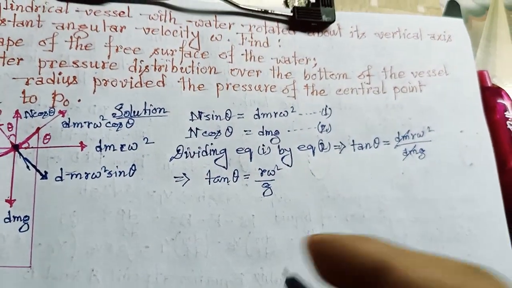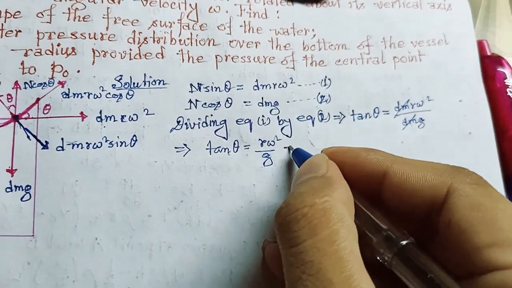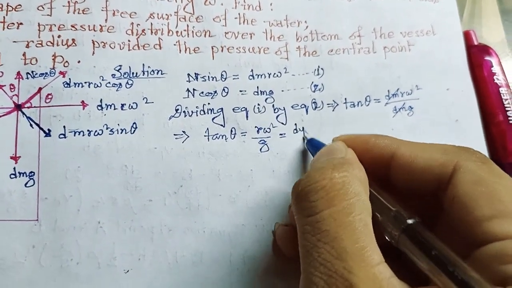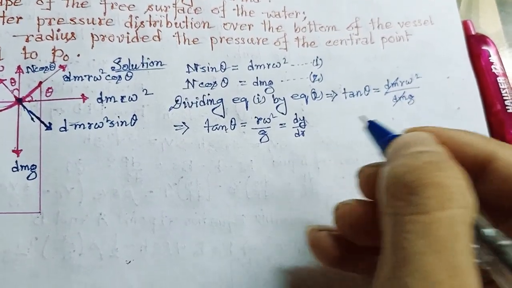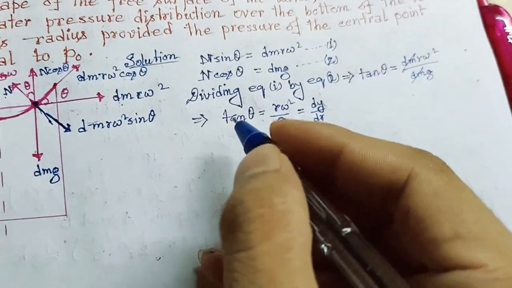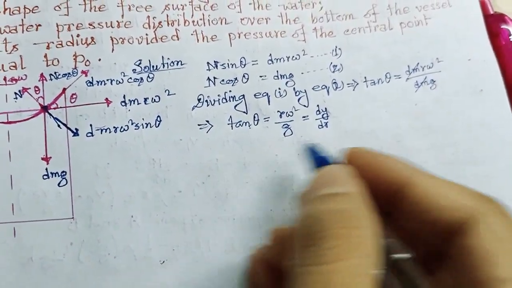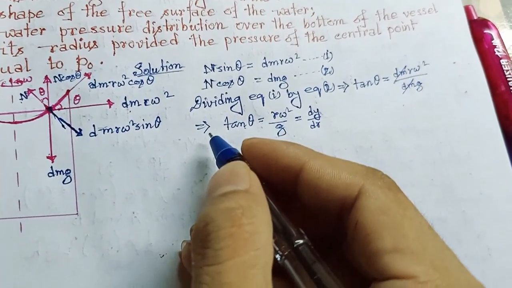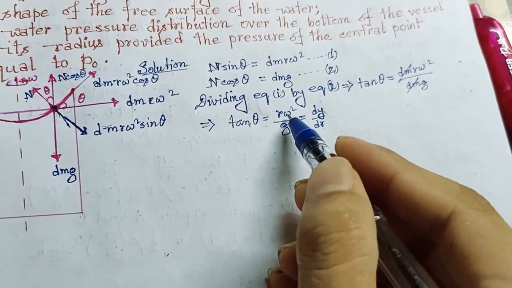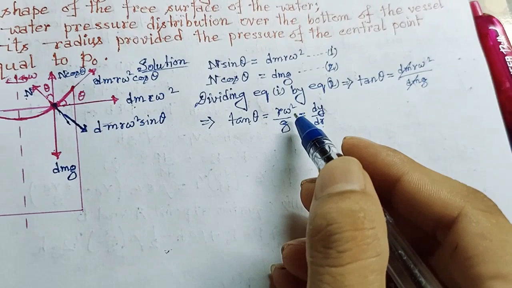As we know, tan theta is a slope, so tan theta will be equal to dy with respect to dr. If we cross multiply, dy with respect to dr equals r omega square divided by g.